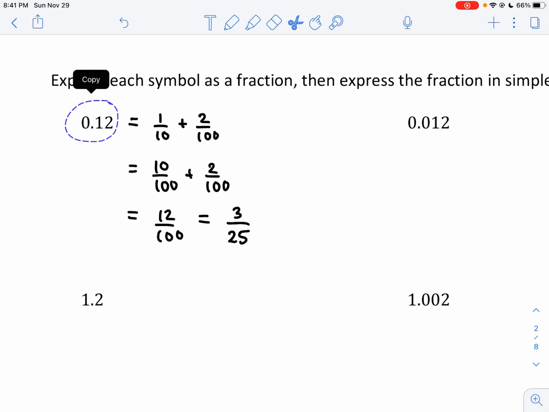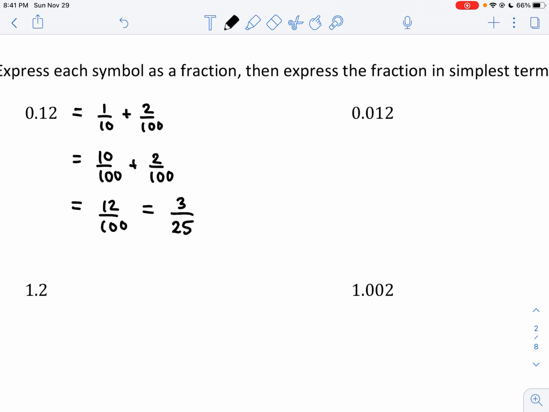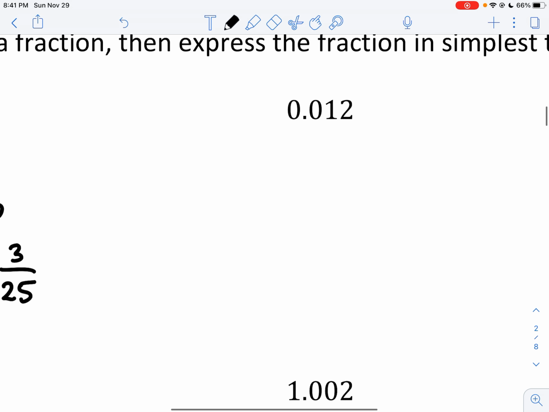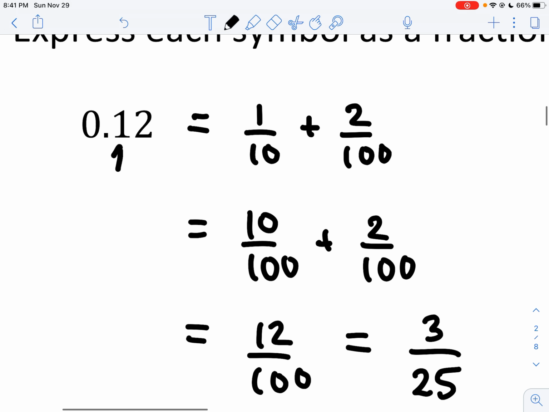But the more obvious connection is that when you see 0.12, you think of that as 12 hundredths, which can be rewritten as 3/25. In this next one, we have 0.12. Now, the way to say this one quickly, if you notice the pattern here, we had a 1 in the tenths position and a 2 in the hundredths position.